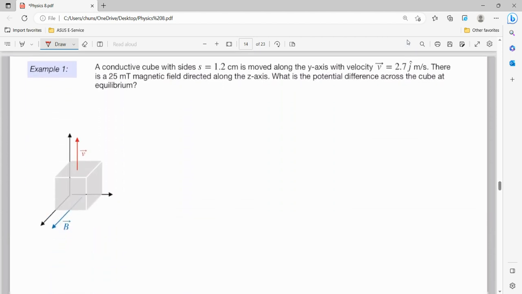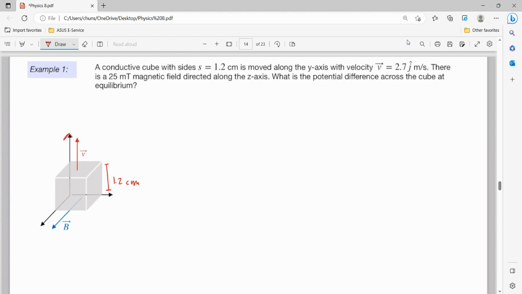So if we wanted to apply this, if we have a conductive cube with side lengths that measure 1.2 centimeters, and it's moved along the y-axis with a velocity of 2.7 meters per second, and a 25 millitesla magnetic field directed along the z-axis.